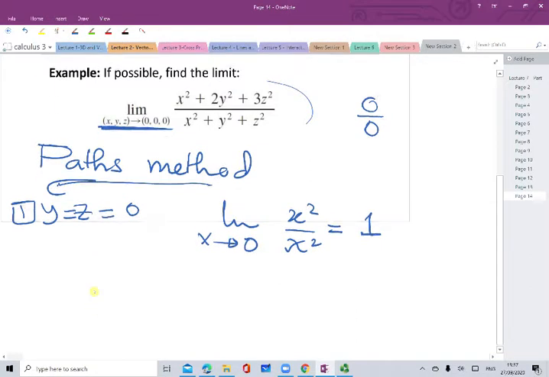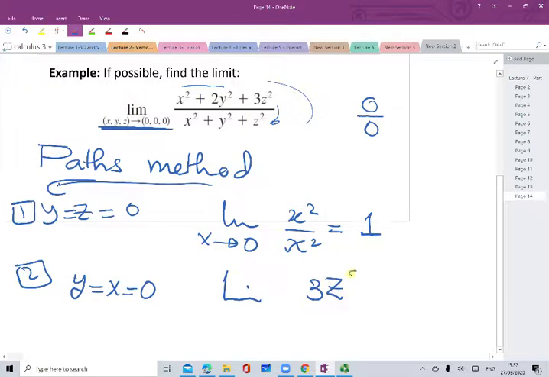If I took another path, say along the z axis, then y is 0 and x is 0, and I'll end up with the limit of 3z squared over z squared. Simplifying, I'll end up with 3.